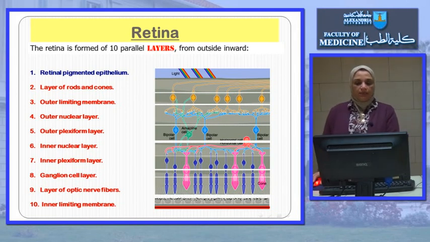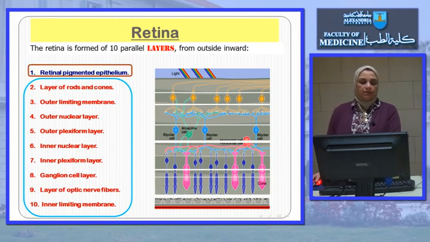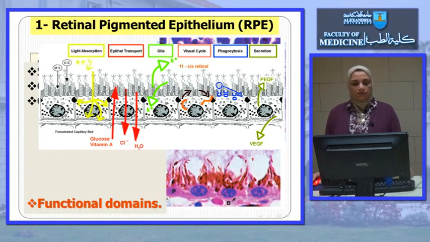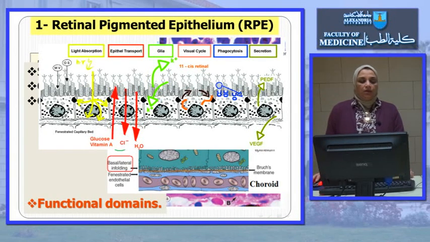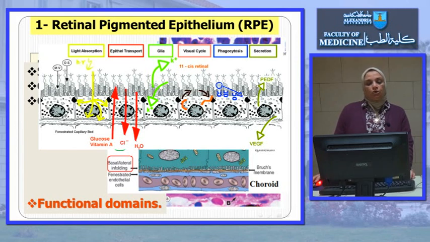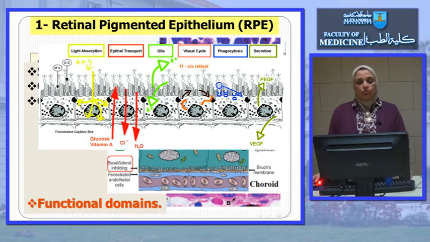Retinal pigmented epithelium, as I said, is the outer layer. It's not a photosensitive layer. This layer is made of cuboidal cells with rounded nuclei, but there is basal foldation of the membrane and apical microvilli. So it has these two characters.